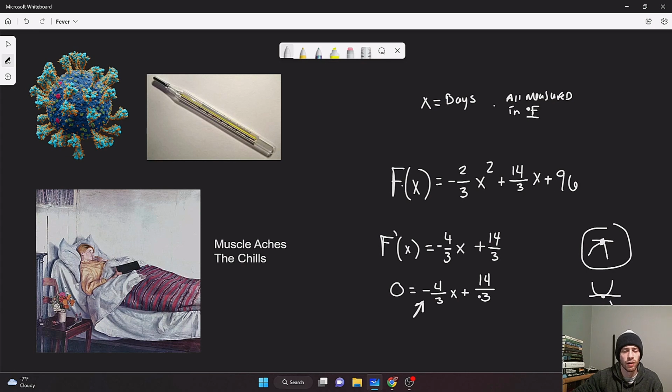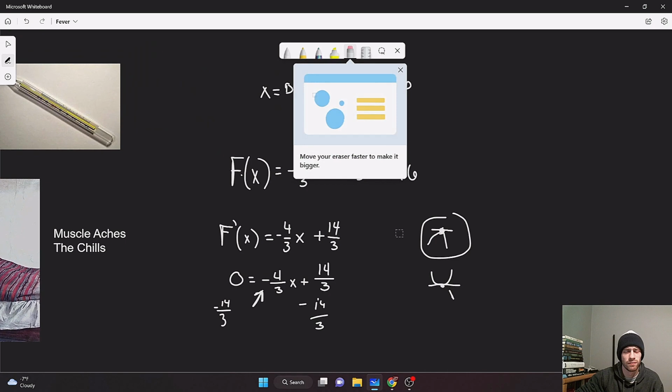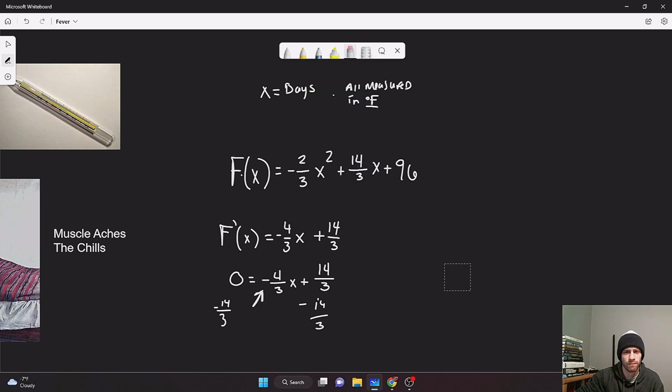Now we need to solve for x. And so we subtract 14 over 3, and we have negative 14 over 3 is equal to negative 4/3 x.